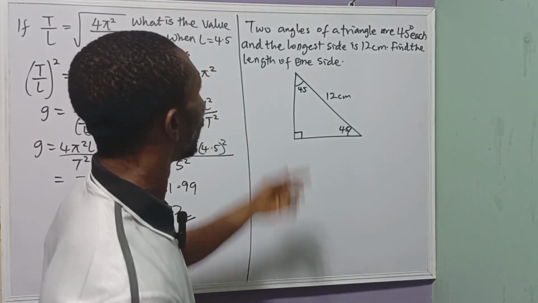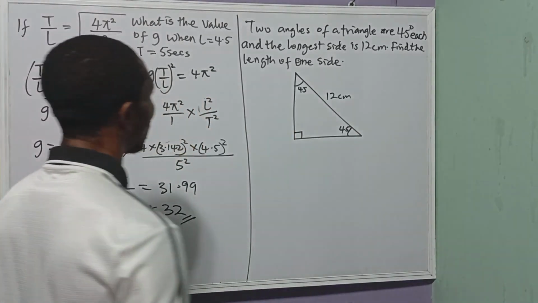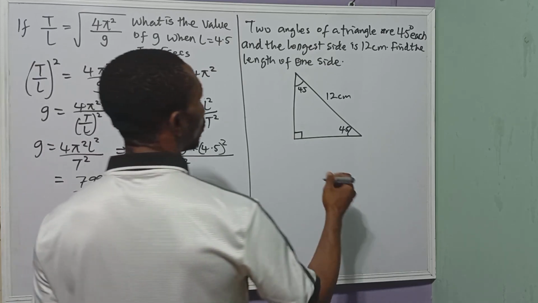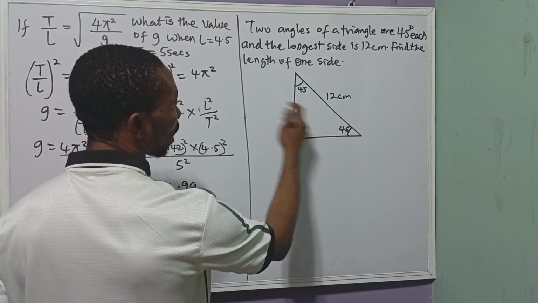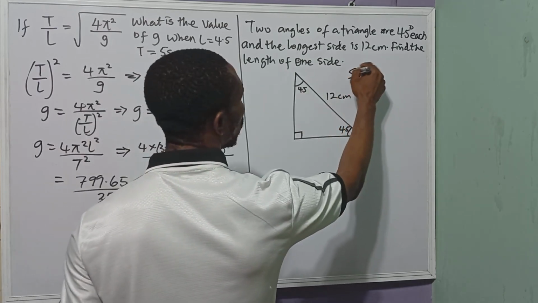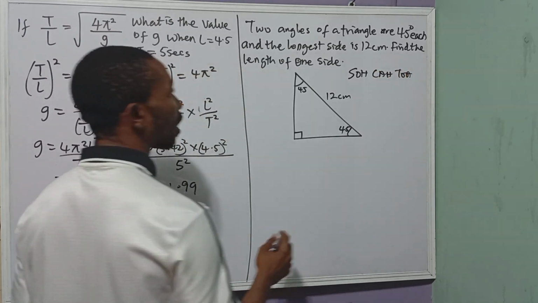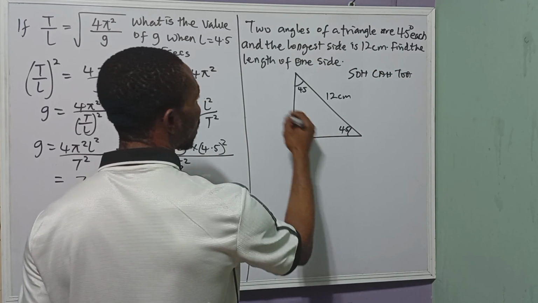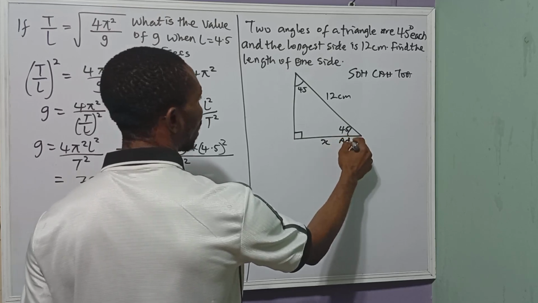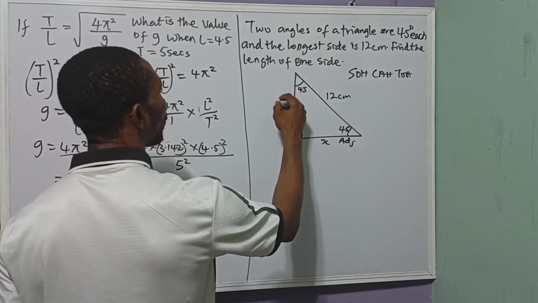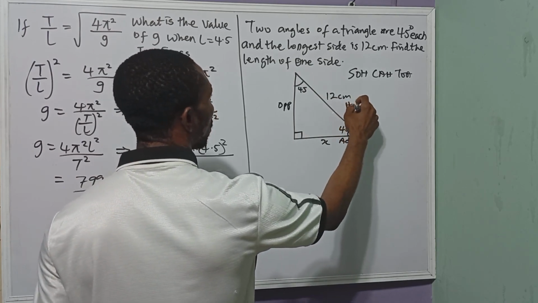Now, on this, we are going to apply our SOHCAHTOA rule. Let's say we are looking for this. Let's say these are adjacent and these are opposite, and these are hypotenuse.